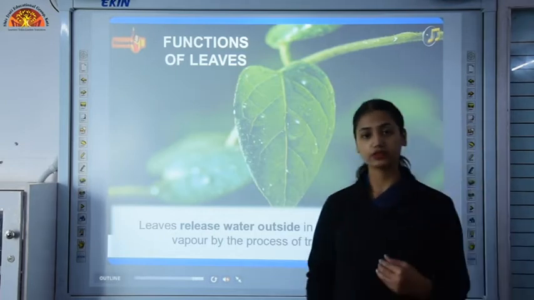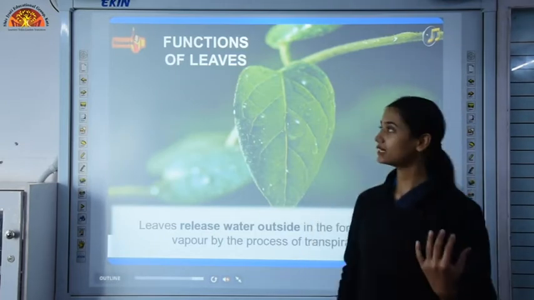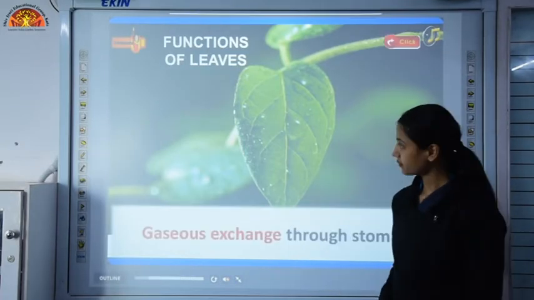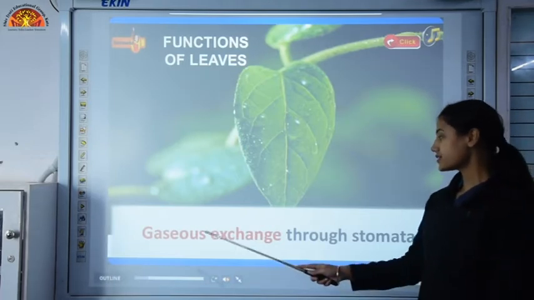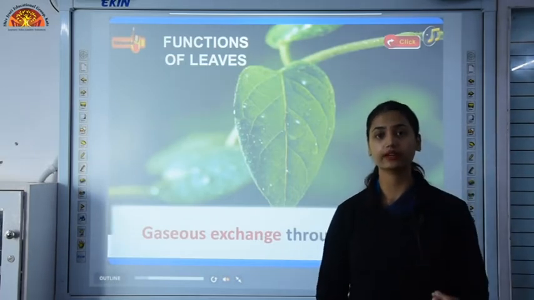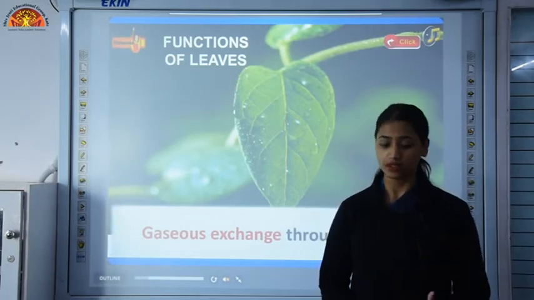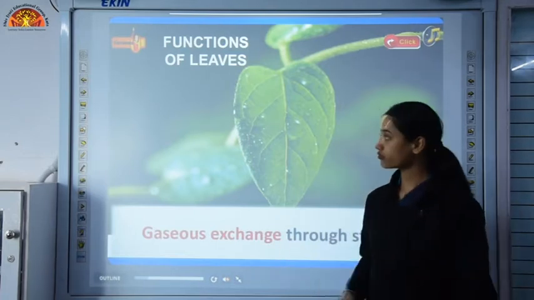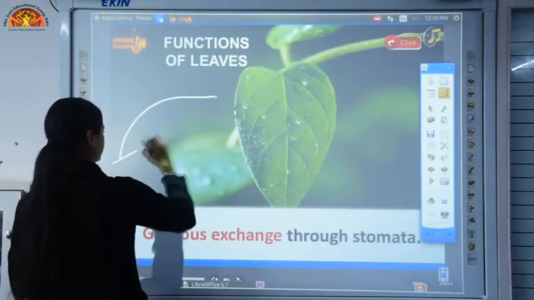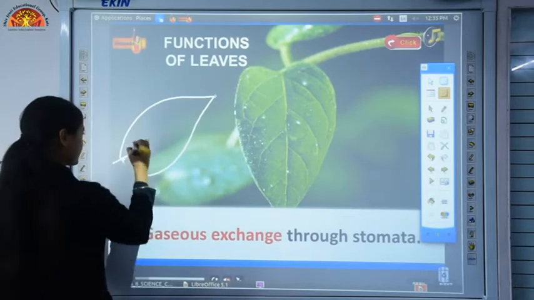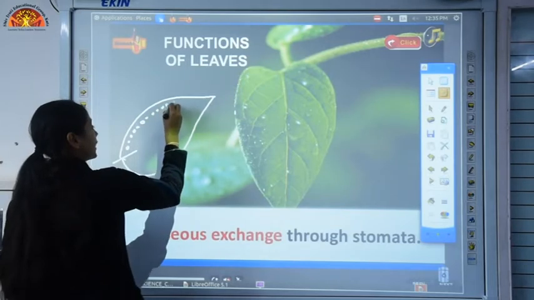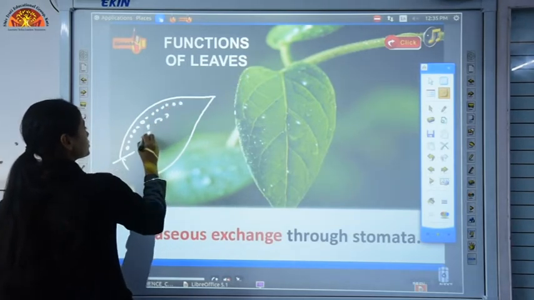Like in case of human beings, during summer we sweat. Similarly, instead of sweating, we use the term transpiration for plants. Another function is gaseous exchange through stomata. Exchange of gases during respiration and photosynthesis takes place through stomata. And what are stomata? This is a leaf, and on this leaf so many tiny pores are present, and these pores are known as stomata.